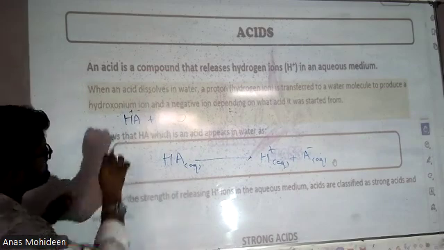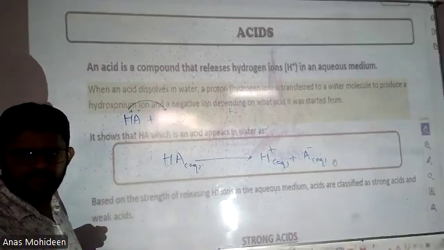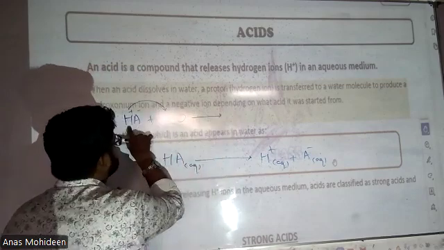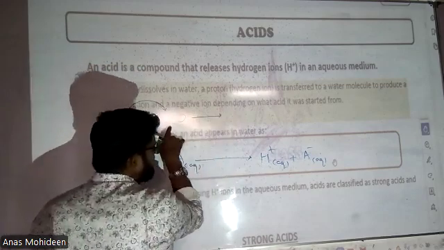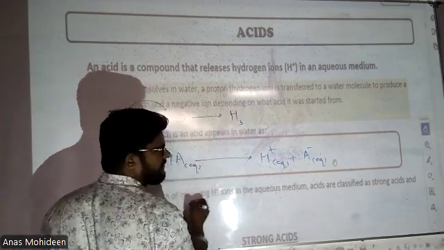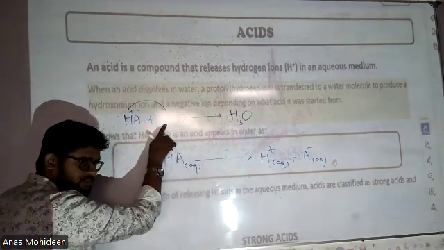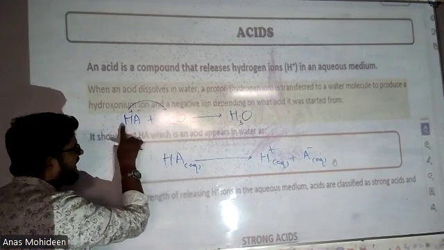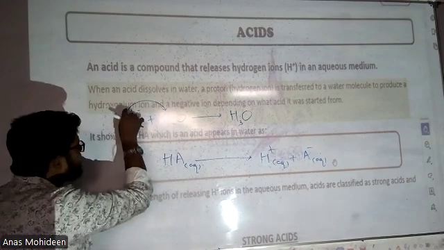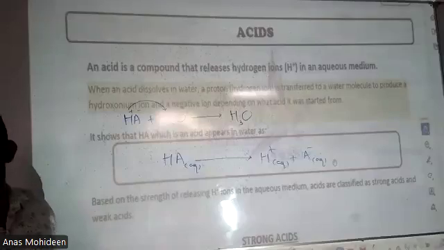This H plus goes to water and combines with one H2O molecule.